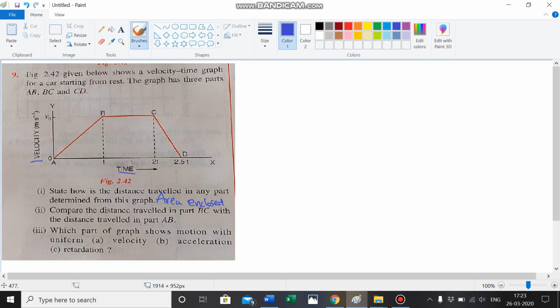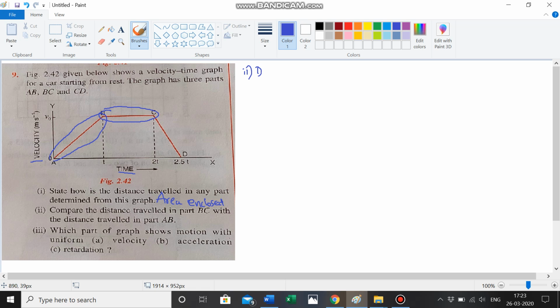Part 2. Compare the distance traveled in part BC with the distance traveled in part AB. Okay, so the distance traveled in part BC, where the velocity is constant, and in part AB, where the velocity is increasing. So how do you calculate the distance traveled? Let's calculate then.